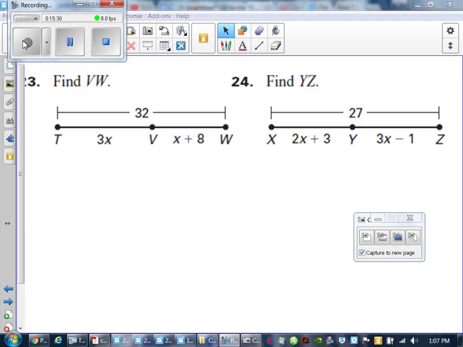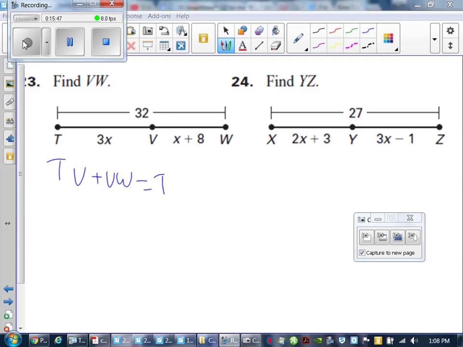So, with any luck here, we know that TW, so I have to write this, TV plus VW. So 3x, x plus 8.